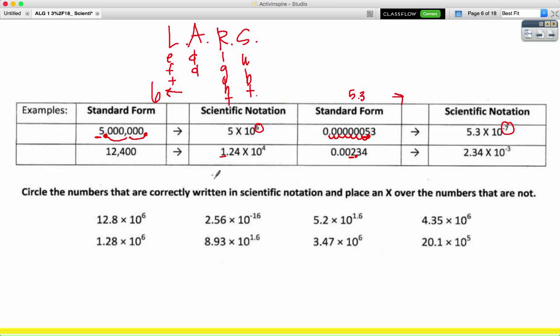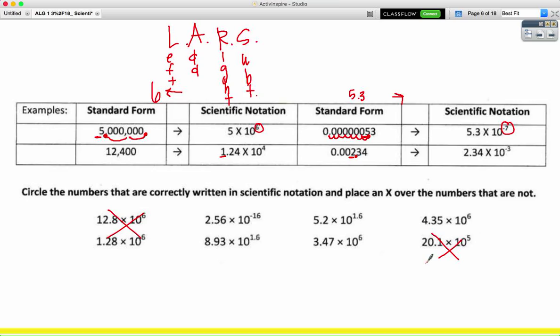So circle the numbers that are correctly written in scientific notation, put X's over the numbers that are not. So first of all, anything that I see with more than one digit to the left of the decimal, I can X it out. So there's one. Here's another one. And so those are the 2 that I see with more than one digit to the left. Now the other thing that we're going to be looking for is if our exponents are not integers.